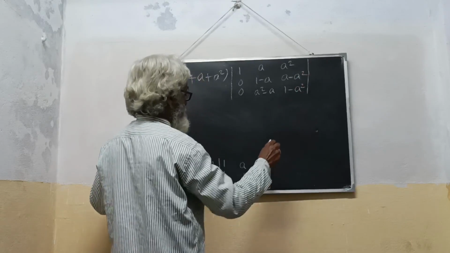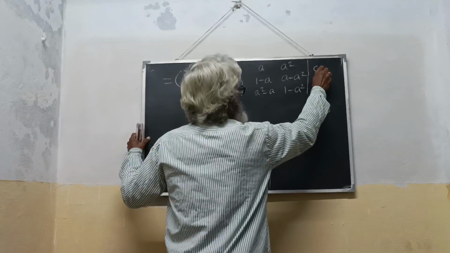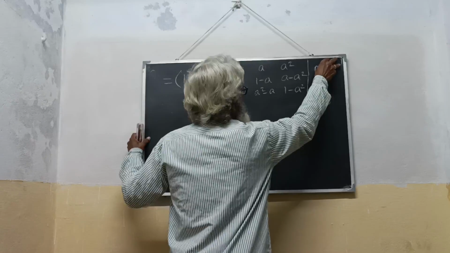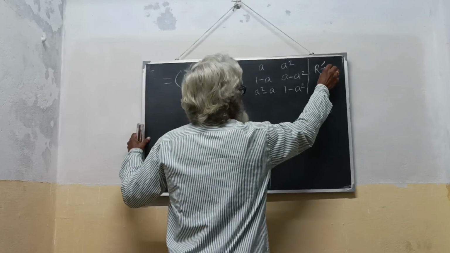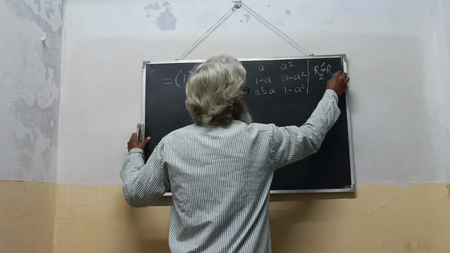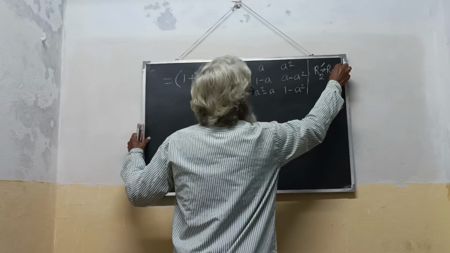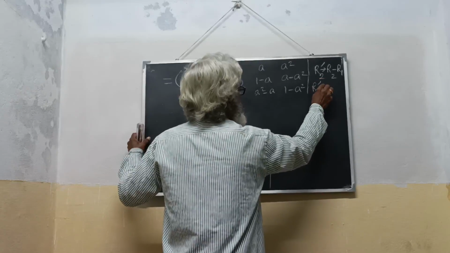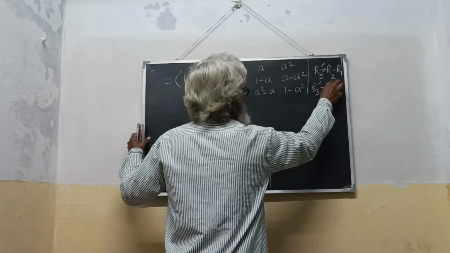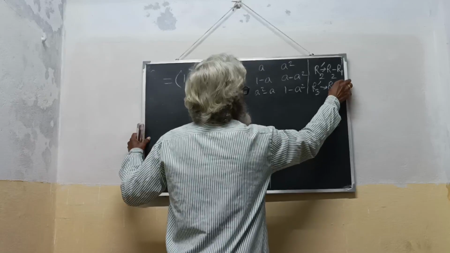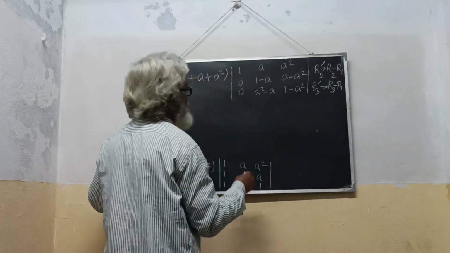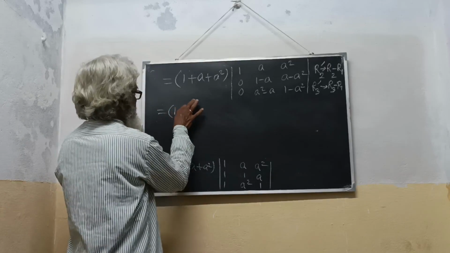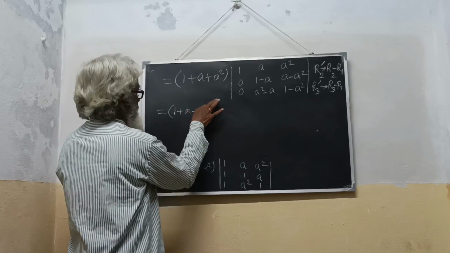What's our operation? R2 dash goes to R2 minus R1, R3 dash goes to R3 minus R1. Now 1 plus a plus a squared.